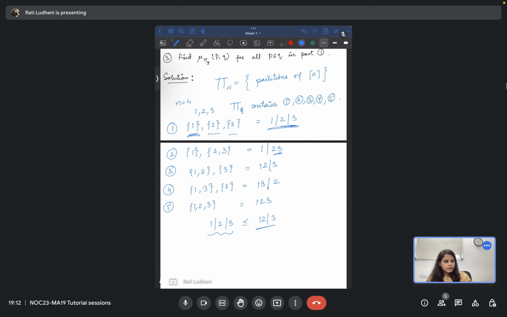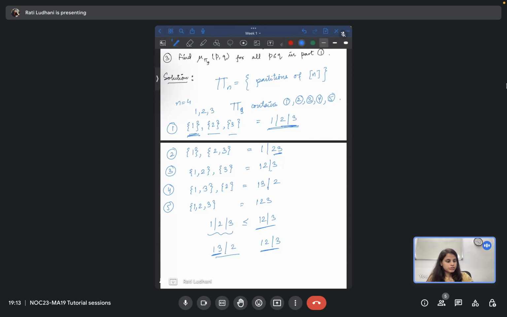For example, can you tell me what should be the relation between these? Or maybe there is no relation? There is no relation, right? Yes, exactly. There is no relation, because this is not a refinement. Here 13 is there, and in the other there is no set which contains 1 and 3 together.